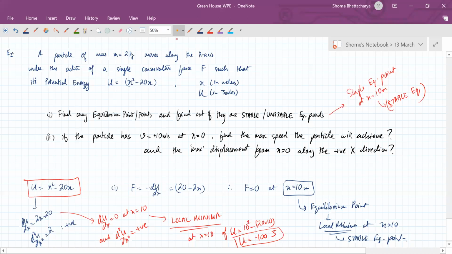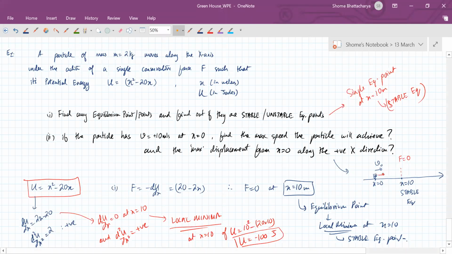Okay. So now, with that in mind, if you try to analyze the second part, you'll realize something: the body is given a velocity like this. Now, x equal to 10 is your stable equilibrium point. So at x equal to 10, the force should be 0.